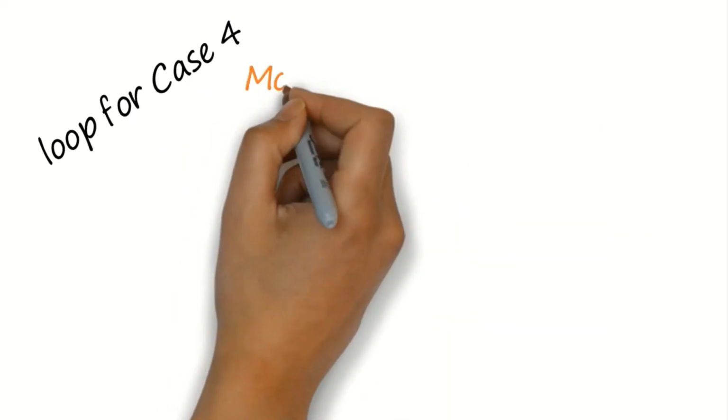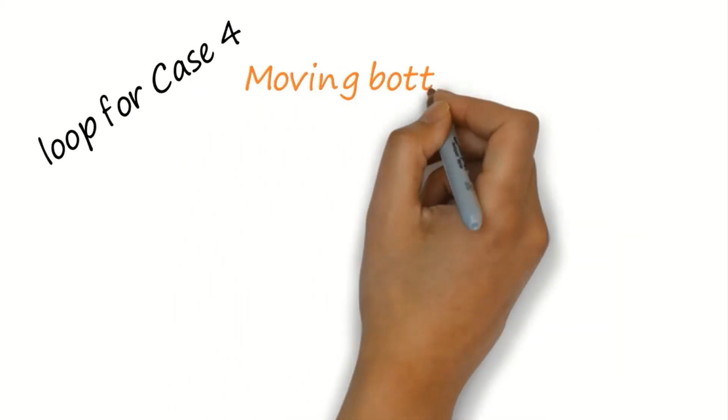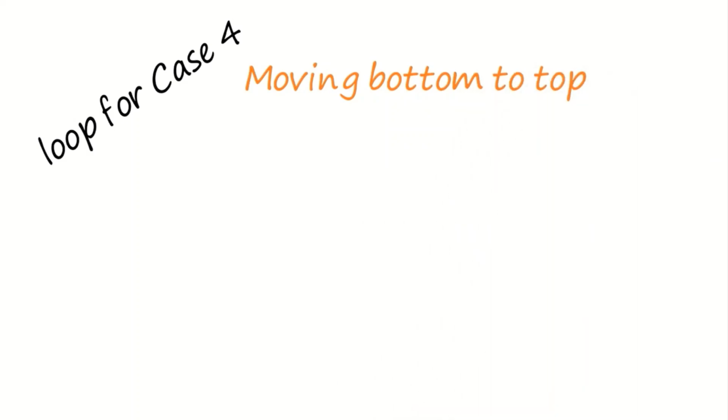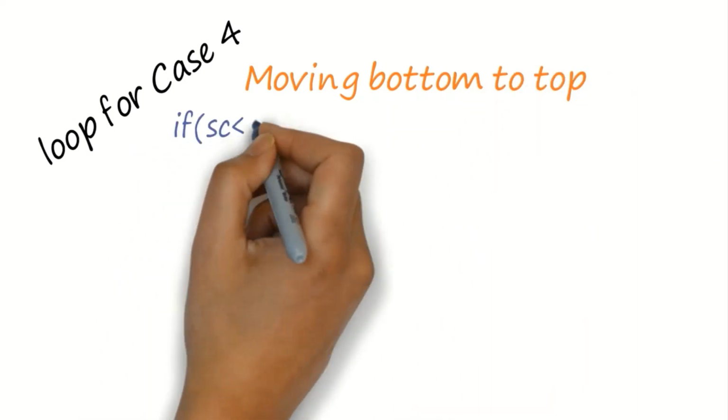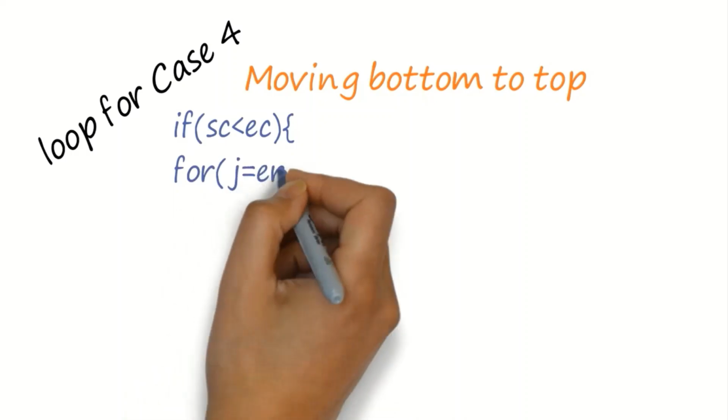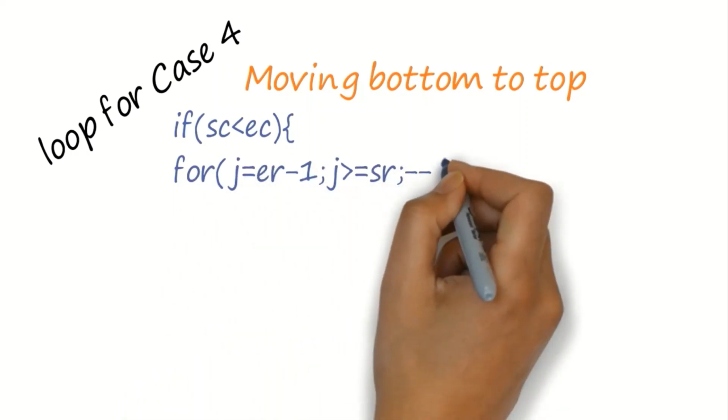Let's discuss about condition number 4. Here we have to print the elements of the first column from bottom to top direction. So before that we have to check the boundary, that is starting column is less than ending column or not.